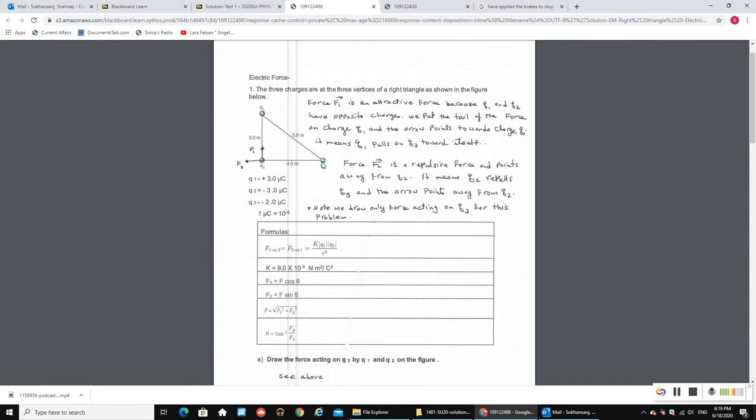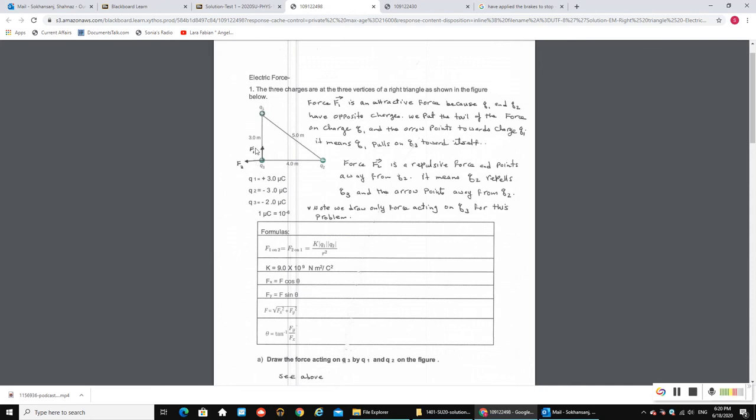Now Q2 is negative 3 microcoulombs, and Q3 is negative 2. So here we have negative and negative, which means a repulsive force. Q2 wants to push Q3 away from itself. So we put the point of action of the force on Q3, but the arrow is moving away from Q2, to the left.